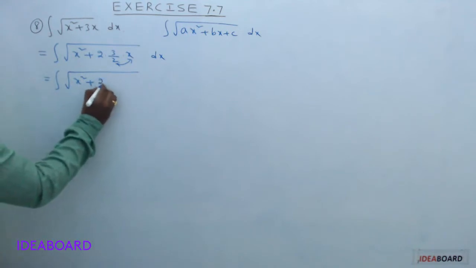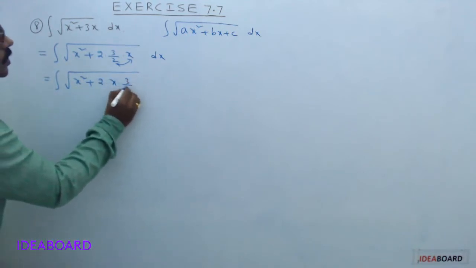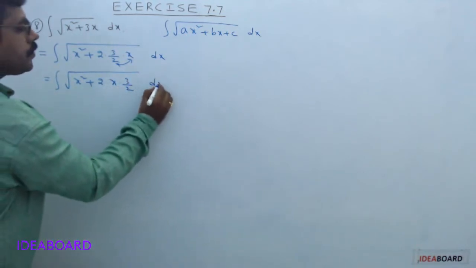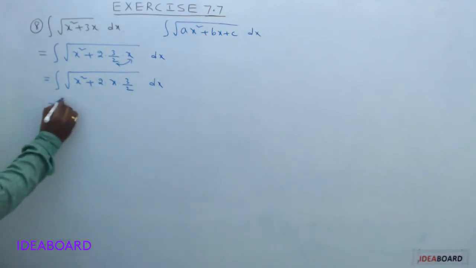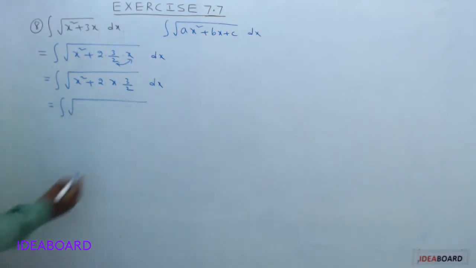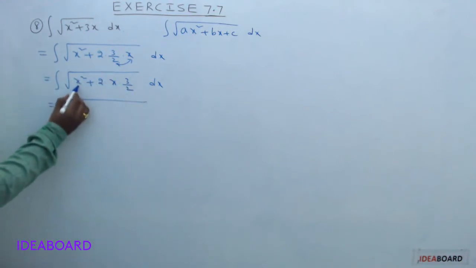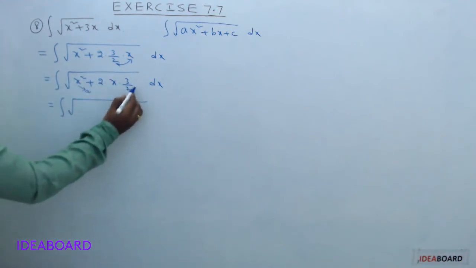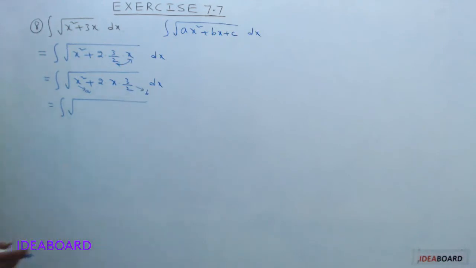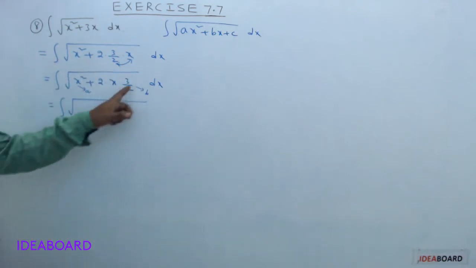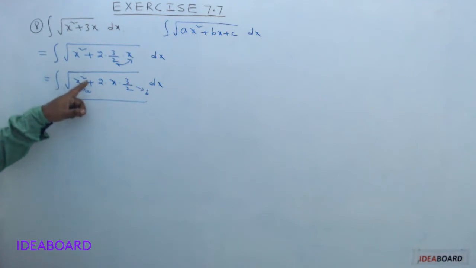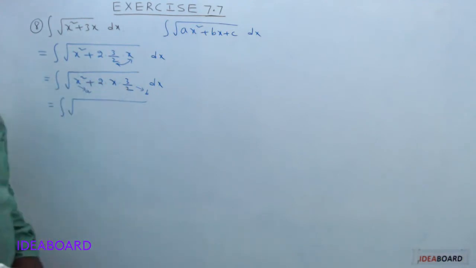So it is 2 into x into 3 by 2 dx. Now this is integral square root of, in this expression, if you consider x as a and 3 by 2 as b, it is in the form of a square plus 2ab.